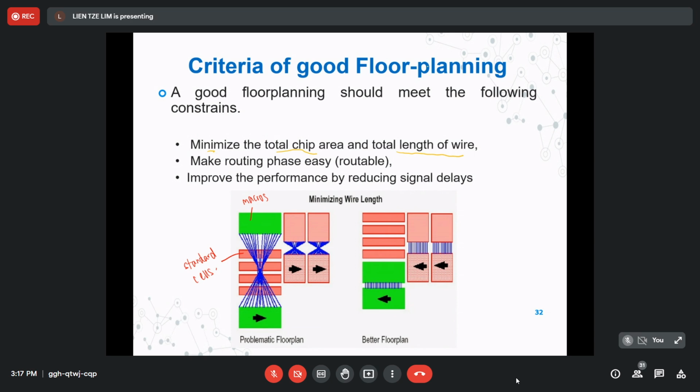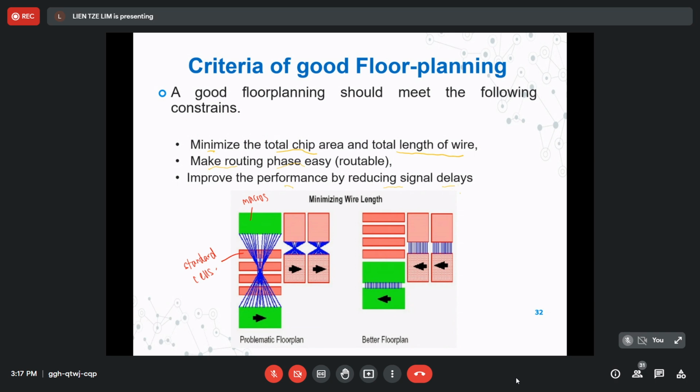Another one is to make the routing phase easy, meaning routable, and also improve performance by reducing signal delay.